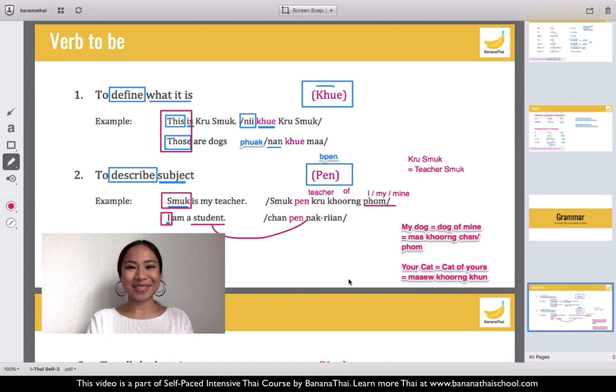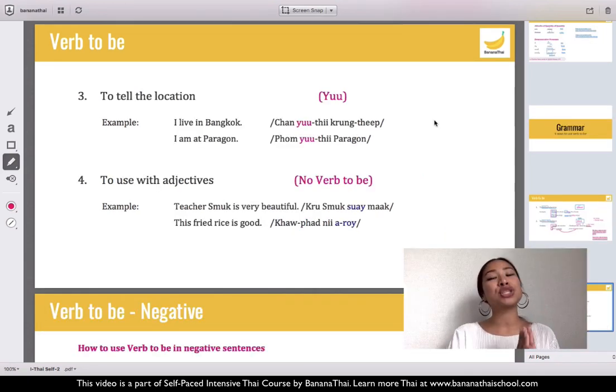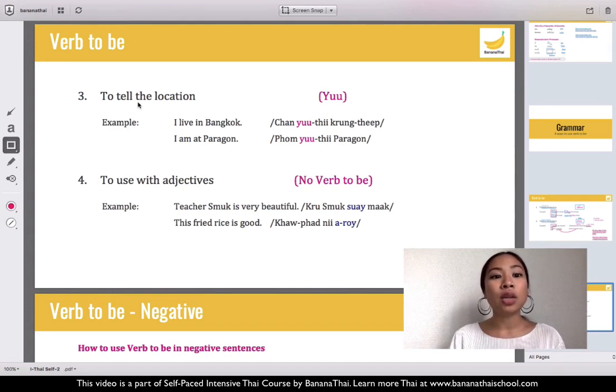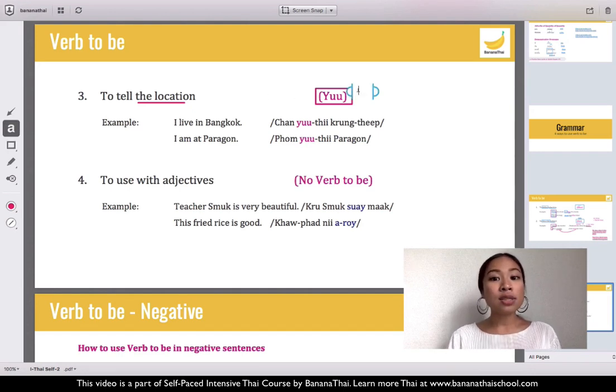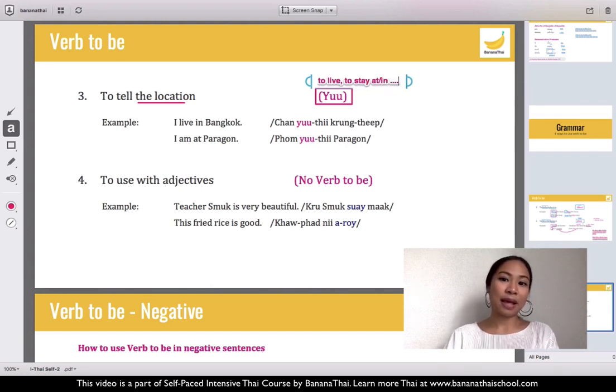Very good. Let's continue. Third way to use verb to be is to tell the location. So basically, if you want to state the location, you use the word อยู่, which is verb to be, and it can also mean to live or to stay, because you tell the location, like at or in. Example. I live in Bangkok. See?